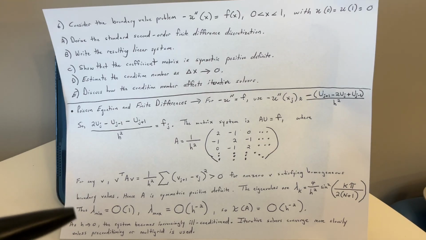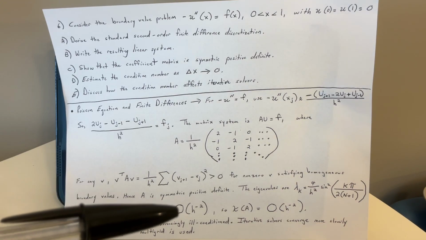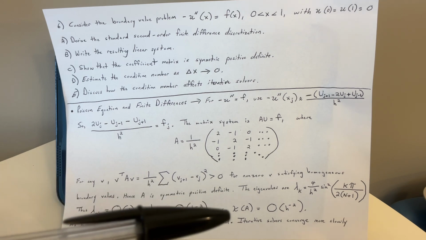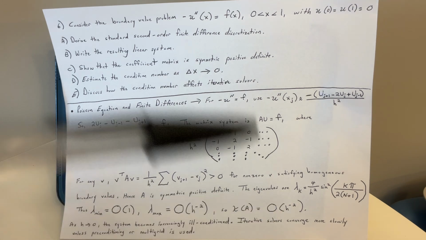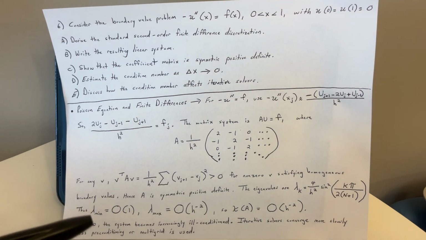So we could say here that lambda sub min equals order 1, lambda sub max equals order h to the negative 2. So kappa of A equals order h to the negative 2. As h approaches 0, the system becomes increasingly ill-conditioned. And we could say iterative solvers converge more slowly unless preconditioning or multigrid is used.